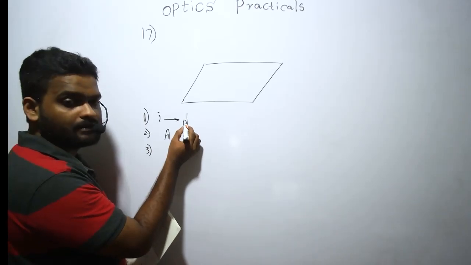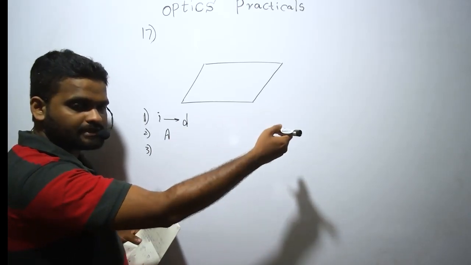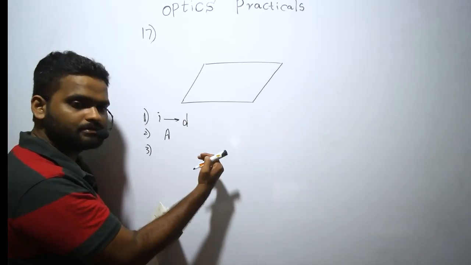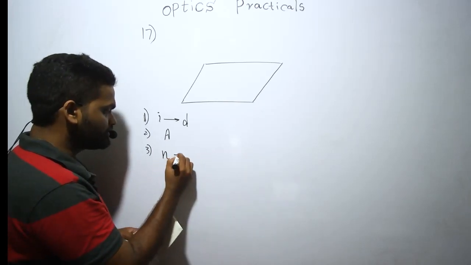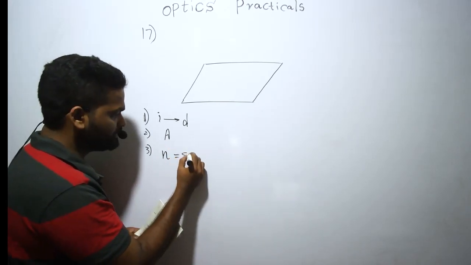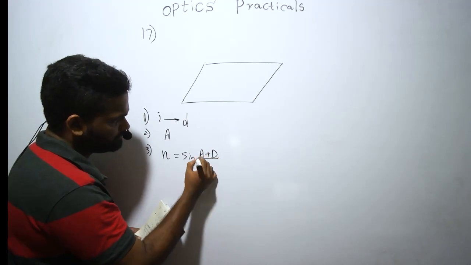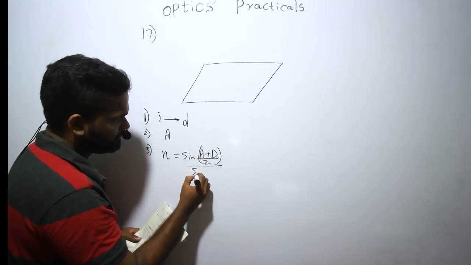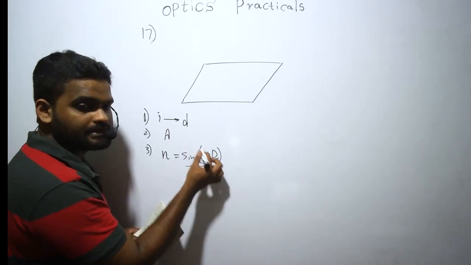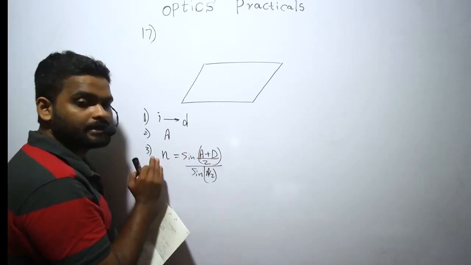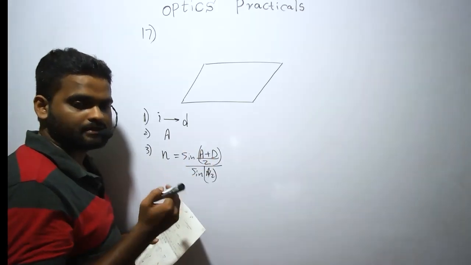Since we know the angles of deviation in each case, you can find the minimum angle of deviation, which is D min. Once you know D min, by substituting those values in this equation, you can find the refractive index of the prism material.